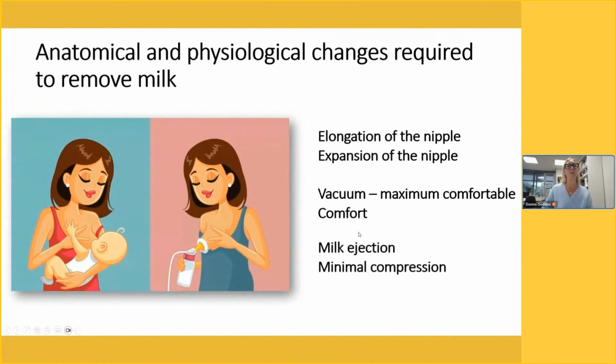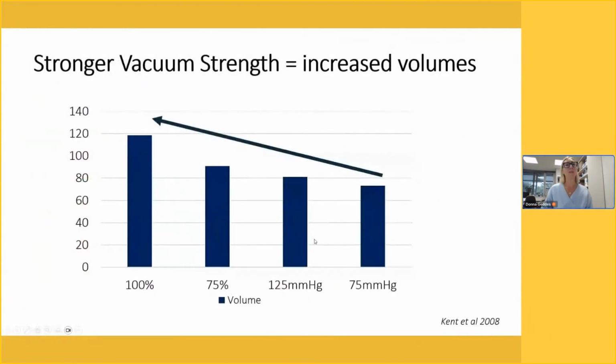And we know that the anatomy of milk ejection affects milk removal and the volumes, and we need minimal compression happening during this time.